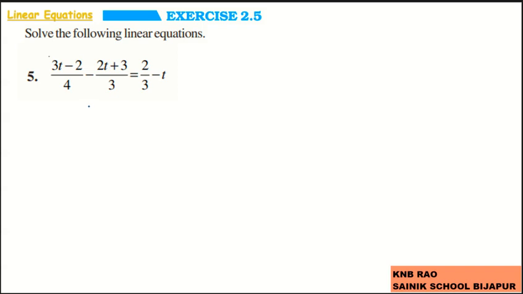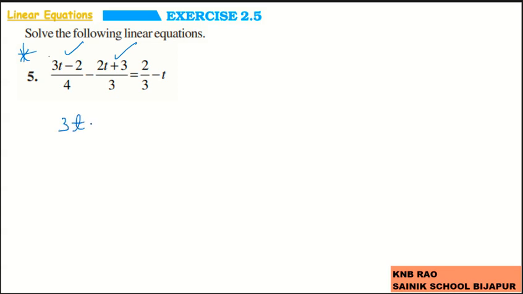In question number 5, variable term (3t minus 2) upon 4 minus (2t plus 3) by 3, another variable term, equal to 2 by 3 minus t. See children, this is a very important question.